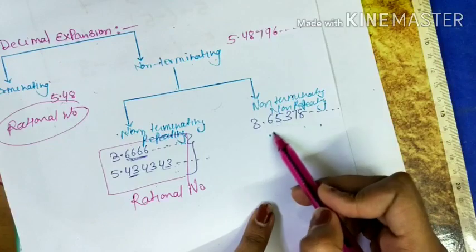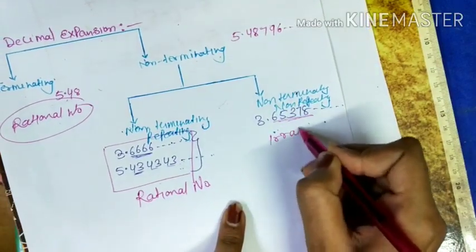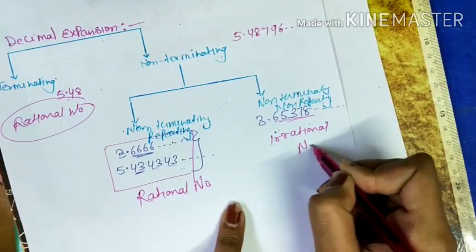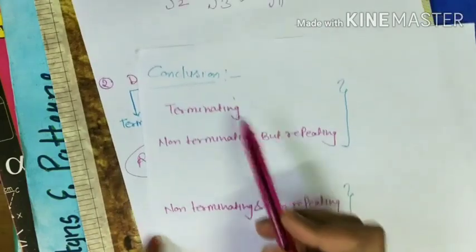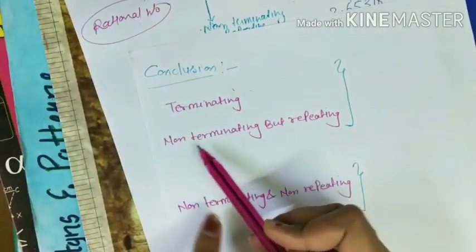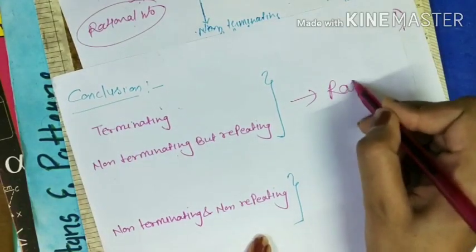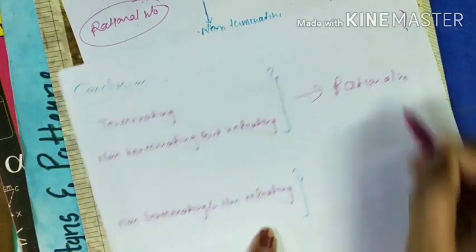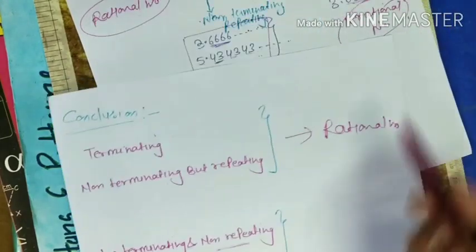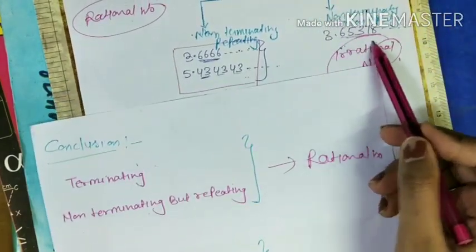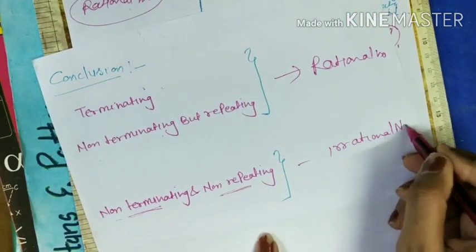Here, non-terminating and non-repeating, these numbers are called irrational numbers. What's our conclusion, children? Terminating numbers and non-terminating but repeating numbers are rational numbers. And non-terminating and non-repeating numbers are irrational numbers.